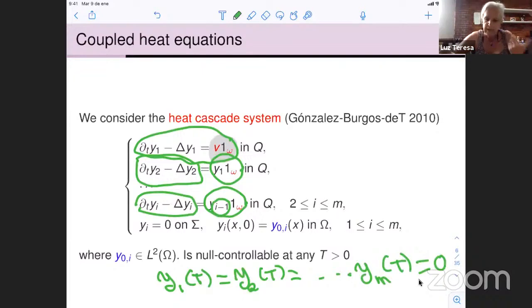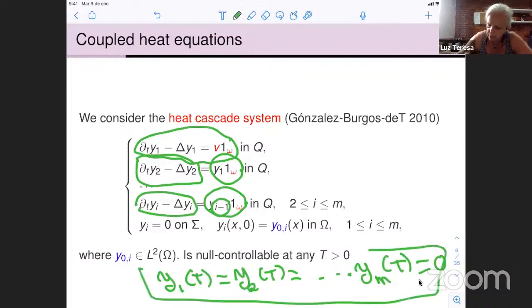Okay, so if I don't do anything, if I don't have this control, the solution goes wherever it wants at time capital T. But if I act with my control, so I am putting some heat or cooling the equation, I can get the stability, I can go precisely to 0. So this is the thing we know for a cascade system of heat equations.